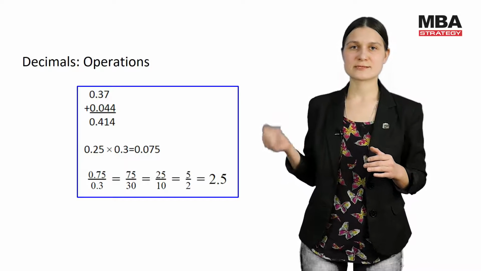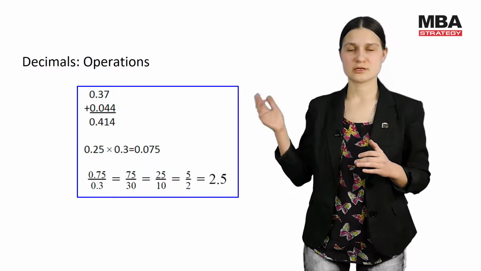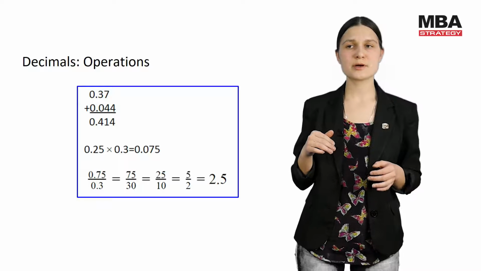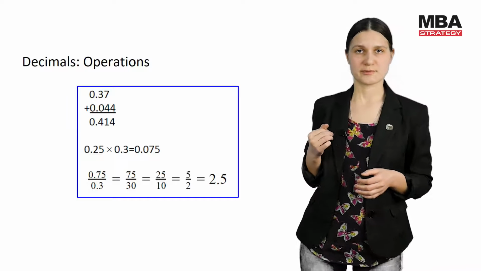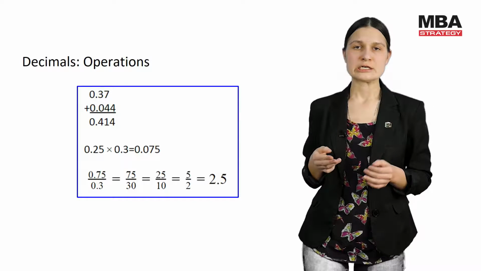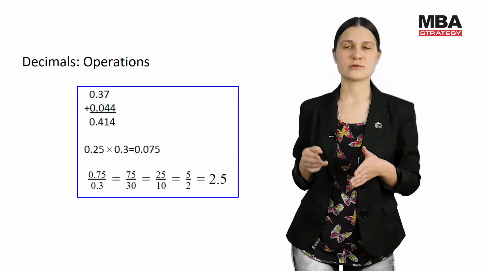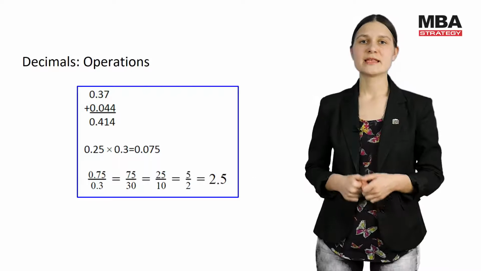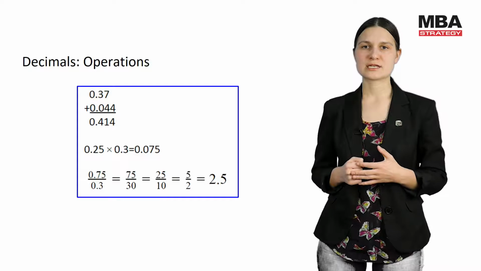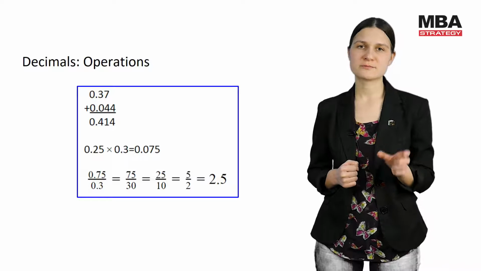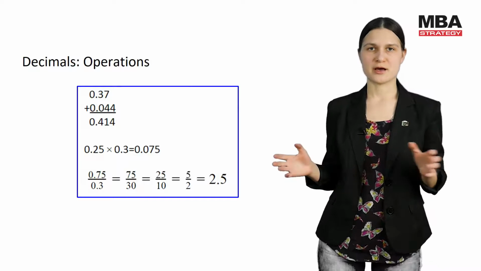And then 7 plus 4 gives us 11, which leaves 1, and the 1 we just remember. And then 3 plus 1 from the memory is 4. So we get 0.414.